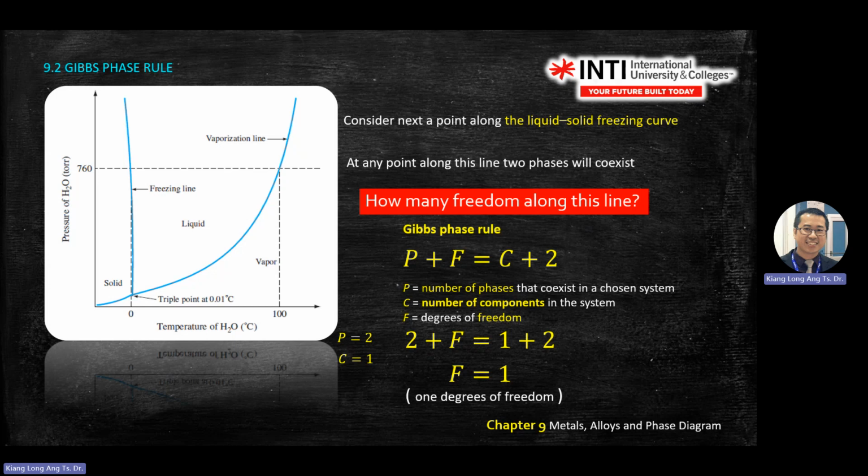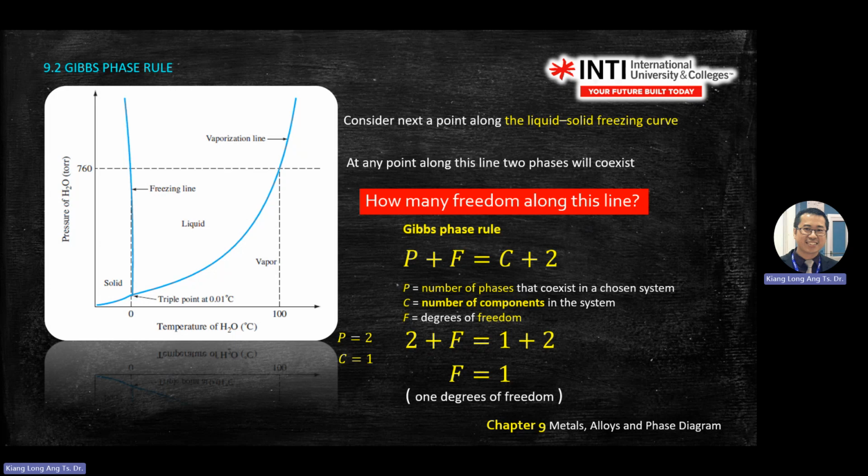If we fix this one, we only have one freedom, we can play with temperature. So we can move from left hand side to right hand side. If you change temperature, you will change solid, and then reach this point. This one is 2 phase. Then you reach this point, it becomes liquid.